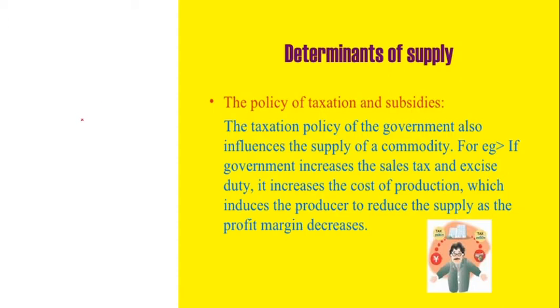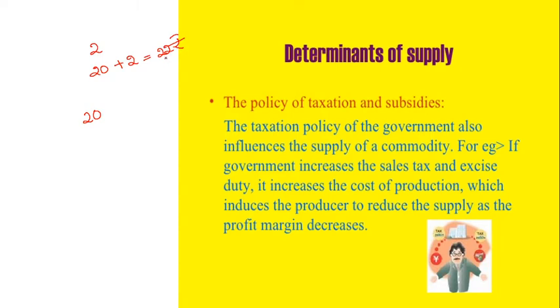Imagine now you are producing one commodity at 20 rupees. If the government increases the taxes by 2 rupees per commodity, you are going to produce this commodity again at 20 rupees itself. But what you have to do is add the 2 rupees of taxes. So your output price will be 22 rupees.